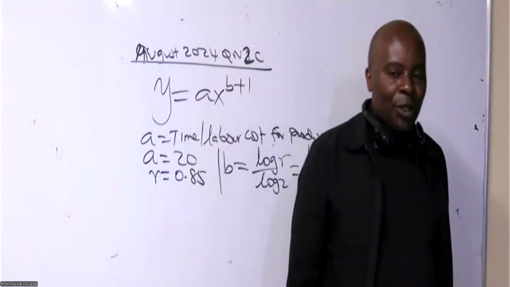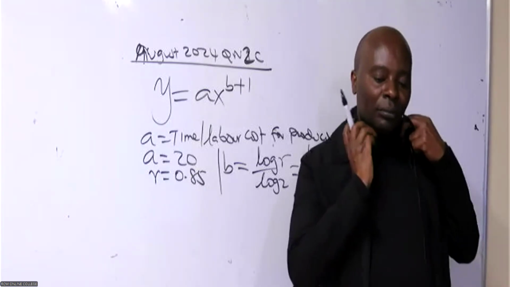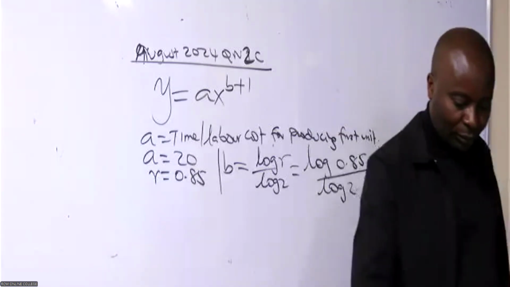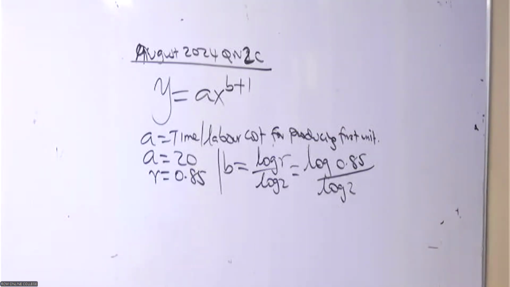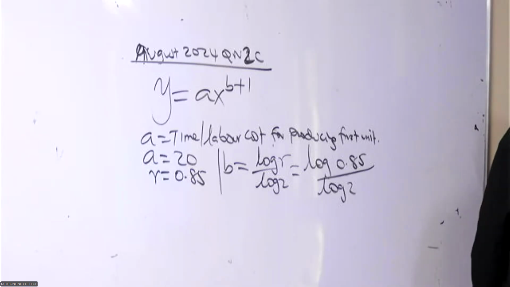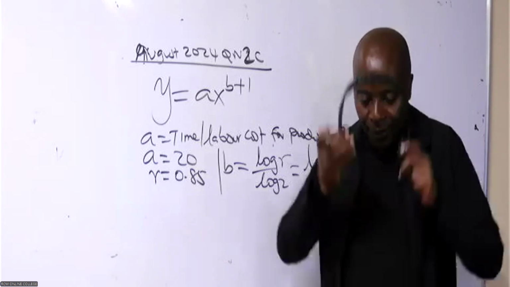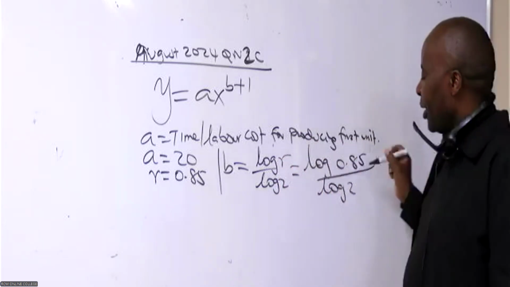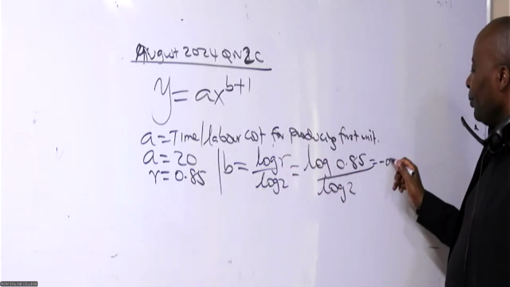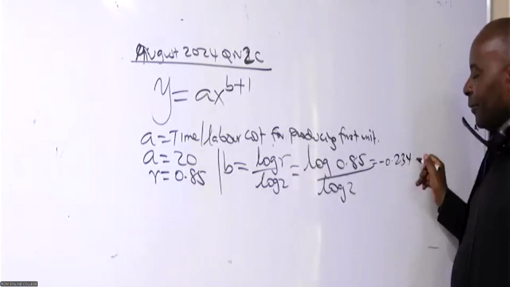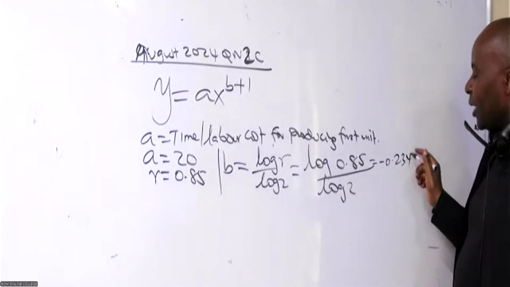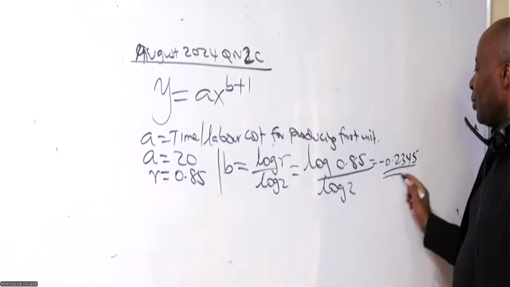He simply wants you to get some marks. So negative 0.234 something. We like 4 decimal places.